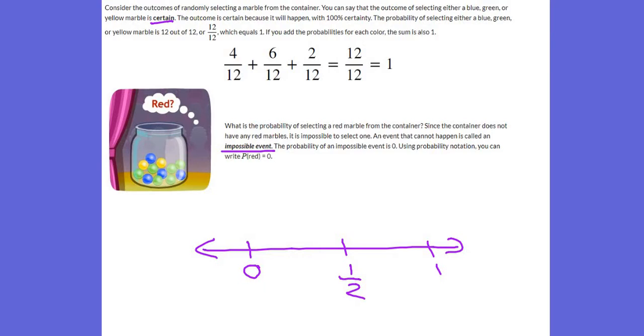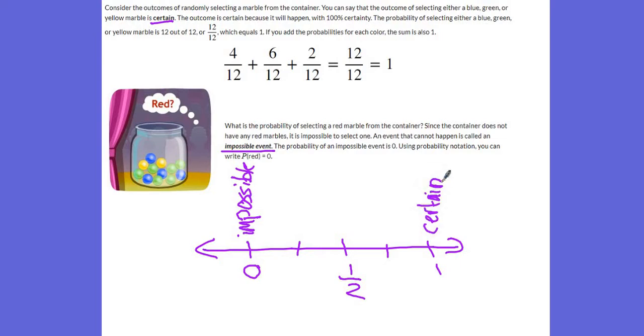At 0, if I get a probability of 0, I have an impossible event occurring. So if my probability ever came out to 0, it's impossible. If it came out to 1, which is 100%, what is that? Certain. It's certain to happen.